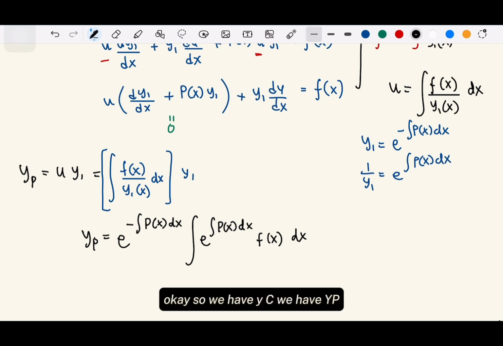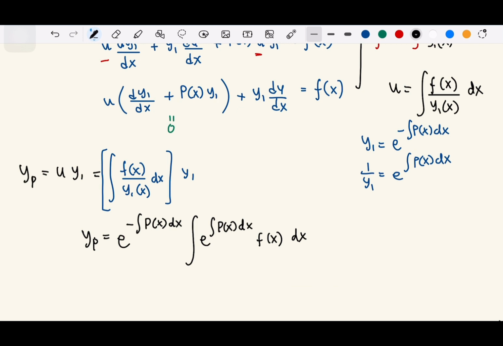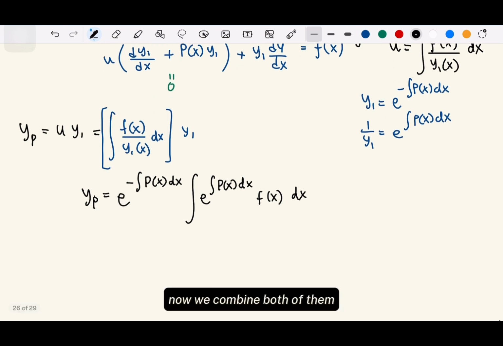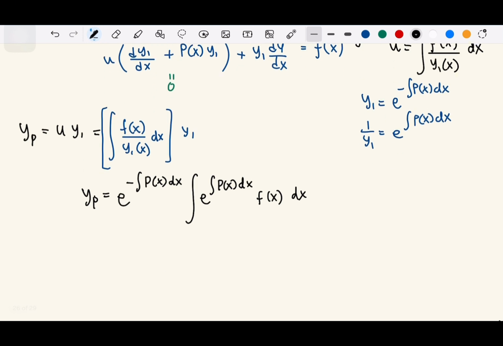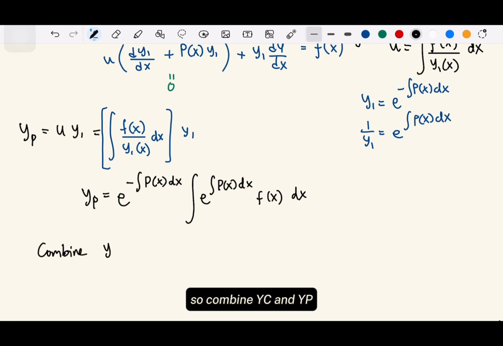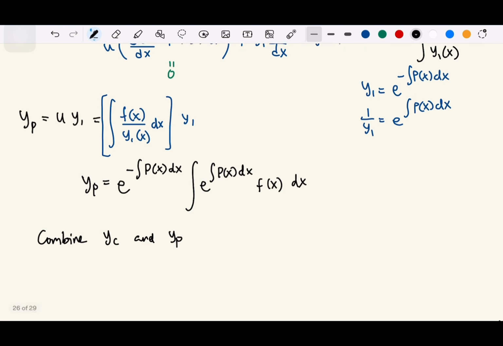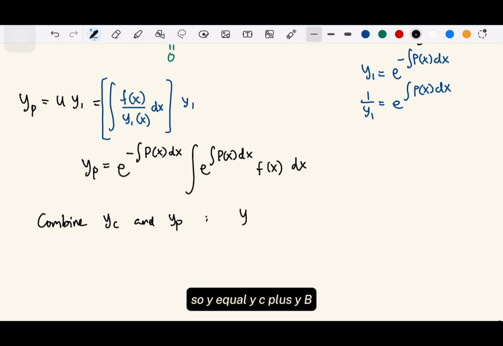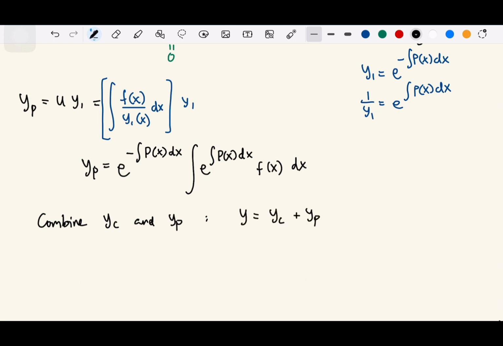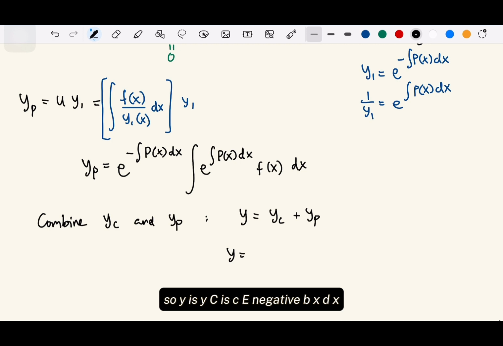Okay, so we have yc, we have yp. Now we combine both of them. So combine yc and yp. So y equals yc plus yp. Okay, so yc is c e to the negative p x dx.